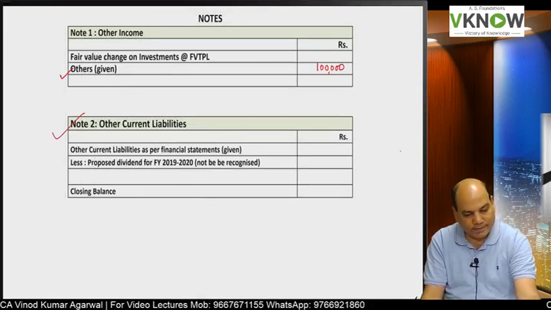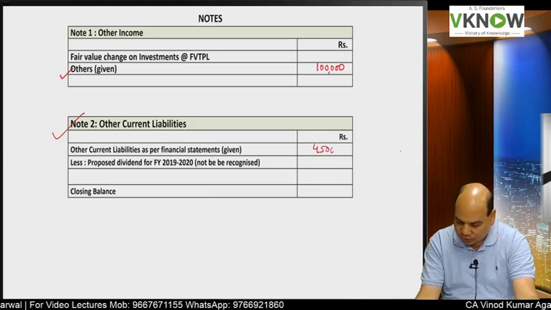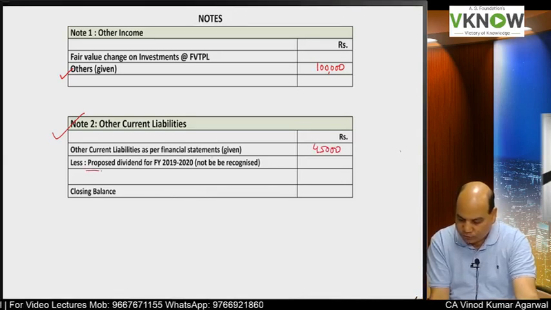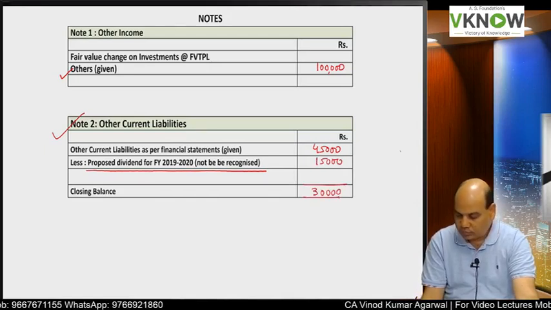Is it there? Yes. So there you have other current liabilities as per financial statement 45,000, and remove the proposed dividend 15,000. So how much is the balance? 30,000.